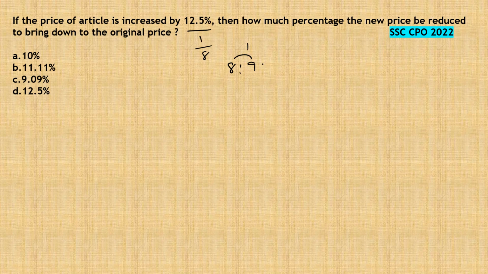Now we need to reduce the price so that it can reach the original price, that is 8. We need to reduce 1 upon 9, that is 1 by 9, which denotes 11.11% or 11 1 by 9%. That is option B.